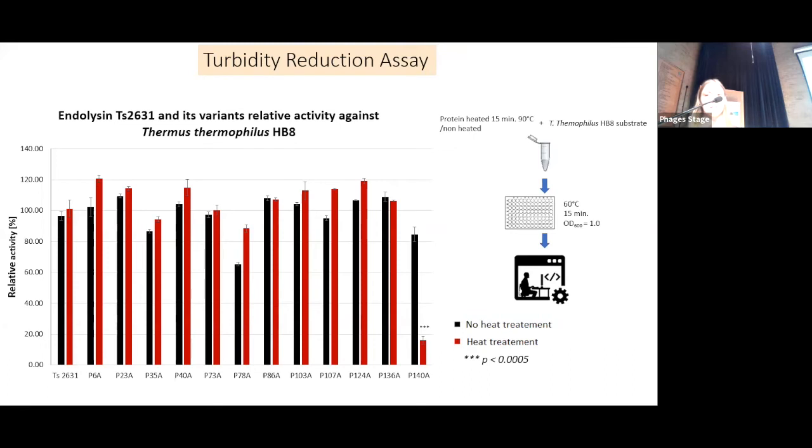We had proteins that we heated at 90 degrees Celsius for 15 minutes, and proteins that we did not heat. We added the substrate, which was thermophilus, and after incubation of the proteins with substrate at 60 degrees Celsius for 15 minutes, we obtained their relative activity. We could also observe that proline at position 140 after heat treatment at 90 degrees Celsius has lower relative activity, and that result overlapped with the nanodifferential scanning fluorimetry analysis.